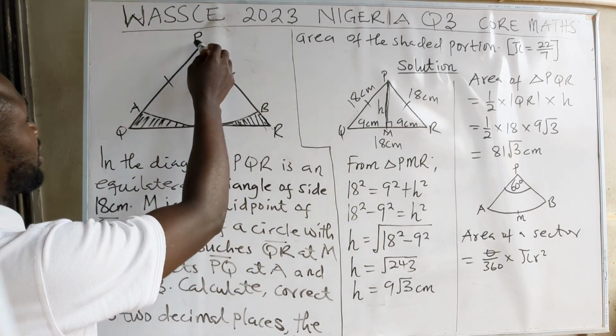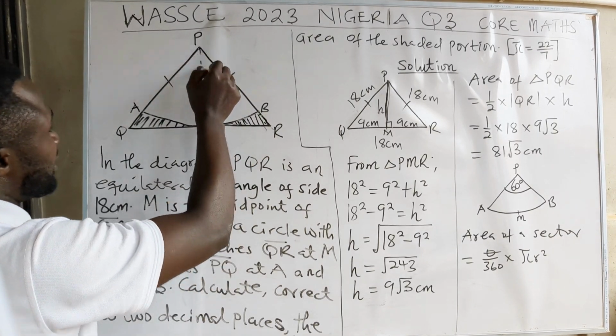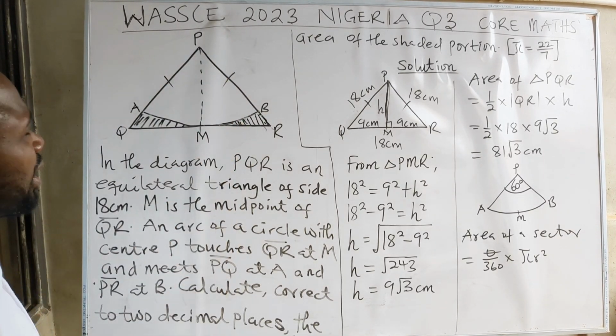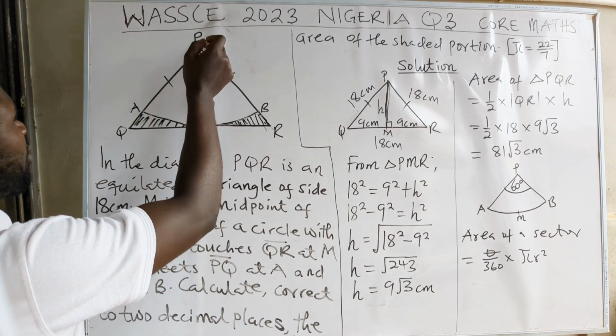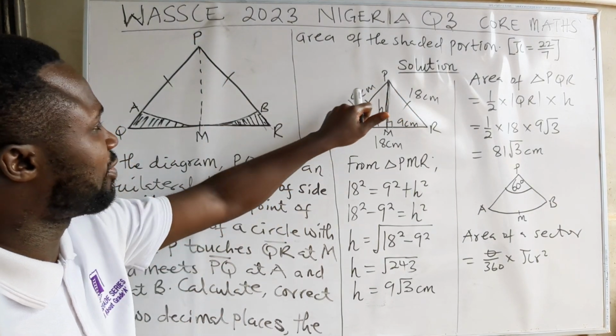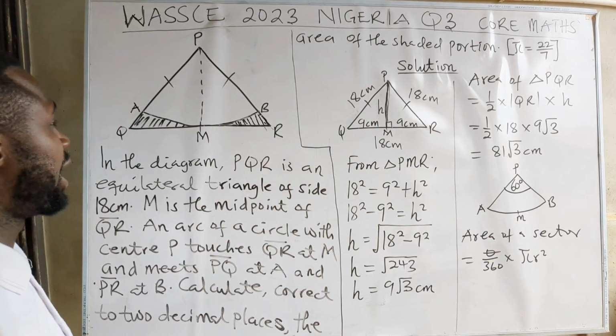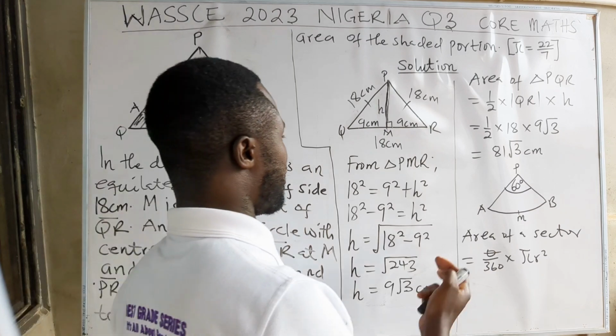So you can see that from the center P to the M is the height of the triangle. So the height of the triangle becomes the radius of the sector.